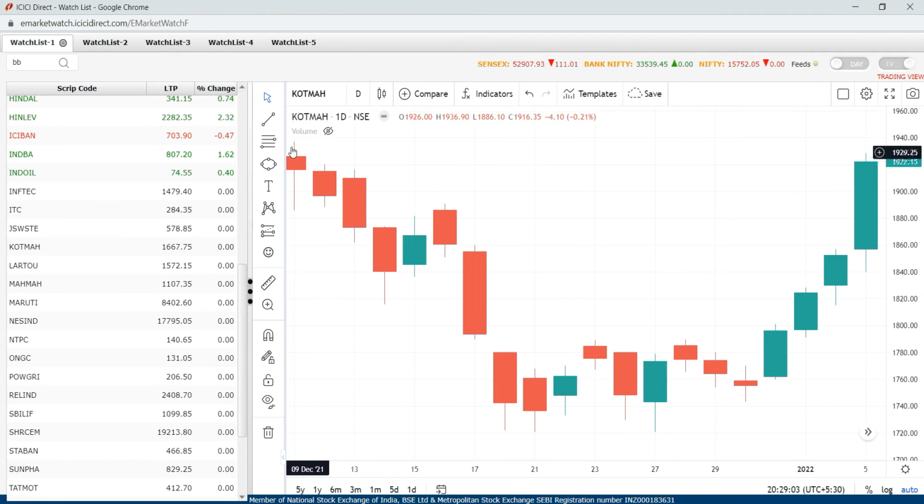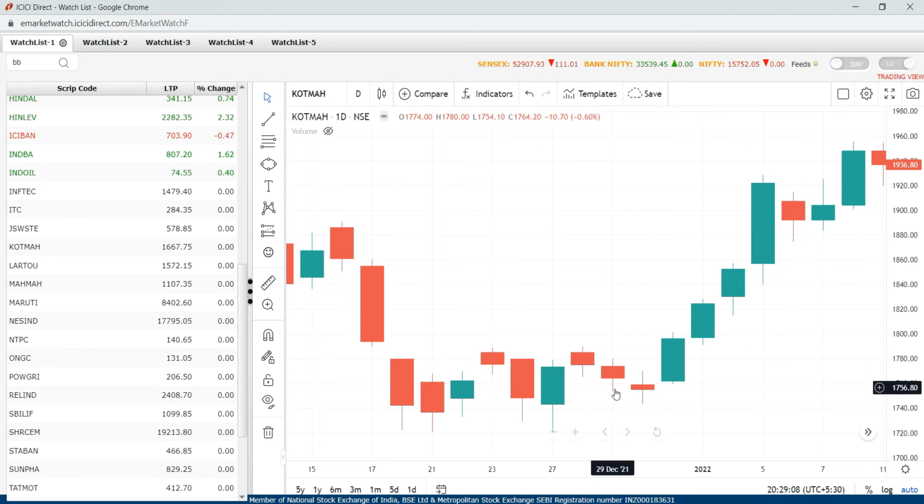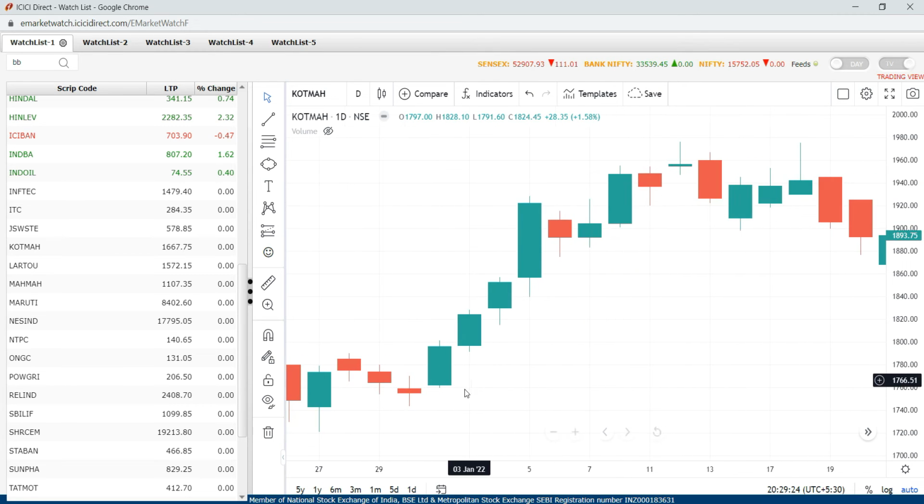See, the trend was down and you find a morning star here, and after that this candle closed much higher than the first candle. So you can also find the reversal of the stock: it was trading low and is now moving up.